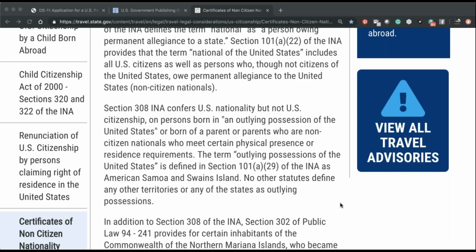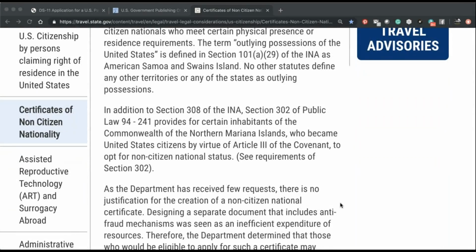No other statutes define any other territories or any other states as outlying possessions. In addition, Section 308 of the INA, Section 302 of Public Law 95-241, provides for certain inhabitants of the Commonwealth of Northern Mariana Islands who became United States citizens by virtue of Article 3 of the Covenant to opt for non-citizen national status. There it is again.